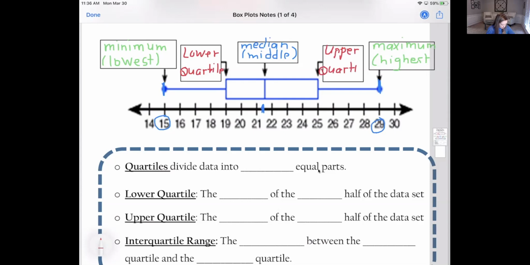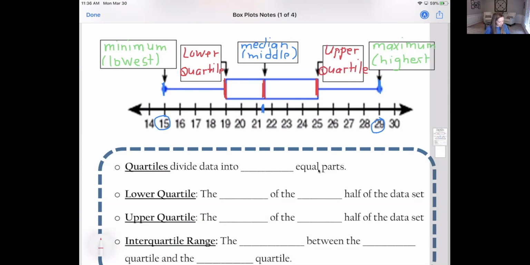It's hard to write on here. We'll talk about what those are in a minute, but to find them on the graph, they're just the left and right side of the box. The line in the very middle is your median. The line on the side of the box is your lower quartile, and the one on the other side of the box is your upper quartile.